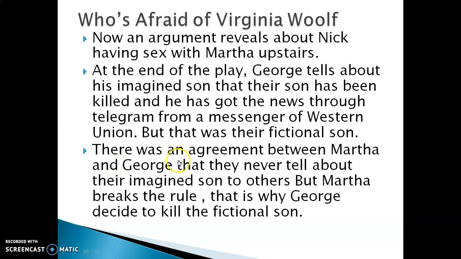There was an agreement between Martha and George that they never tell about their imagined son to others. But Martha breaks the rule, because earlier Martha told Honey about their fictional son. So she breaks the rule. That's why George decides to kill the fictional son.